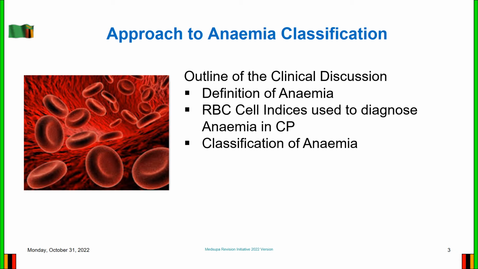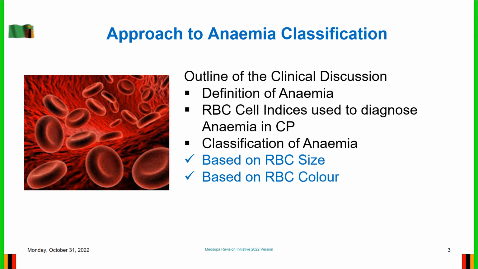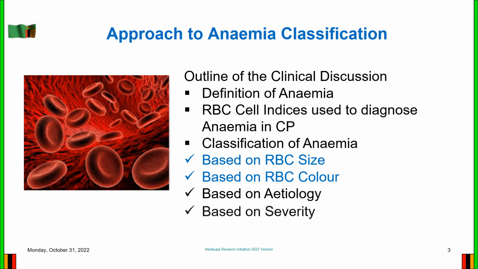Classification of anemia. There are so many classifications of anemia. Number one, we can classify anemia based on the red blood cell size. We can classify anemia based on the color of the red blood cell. We can also classify anemia based on the etiology, and also based on the severity.